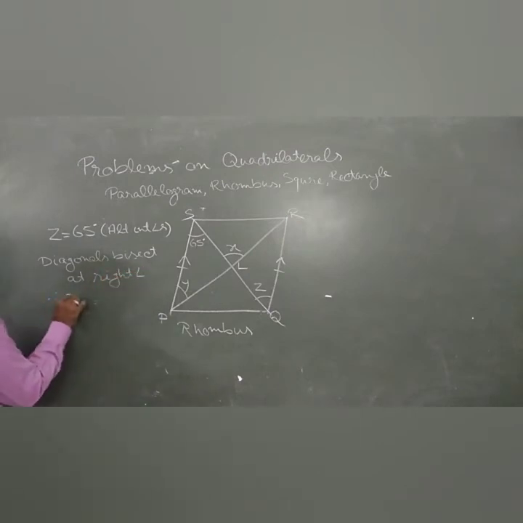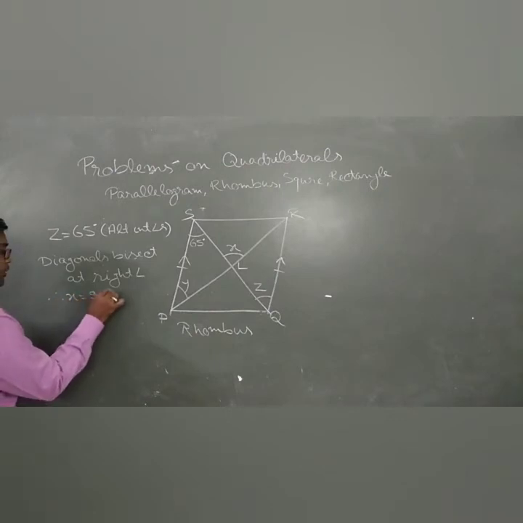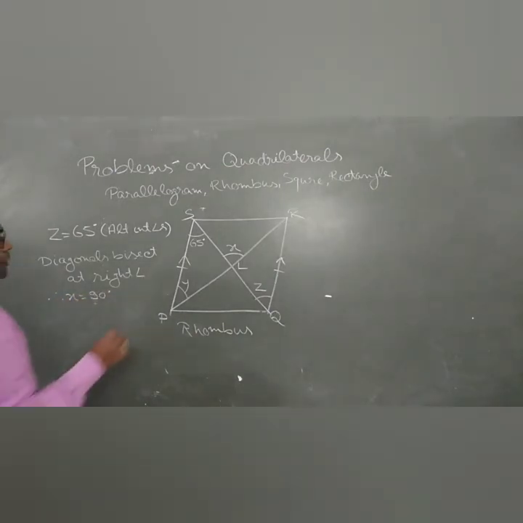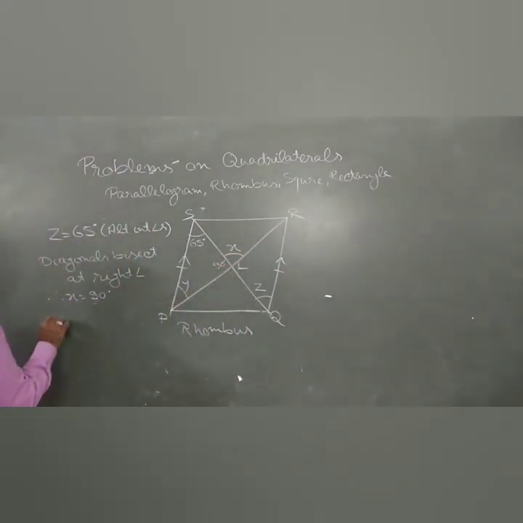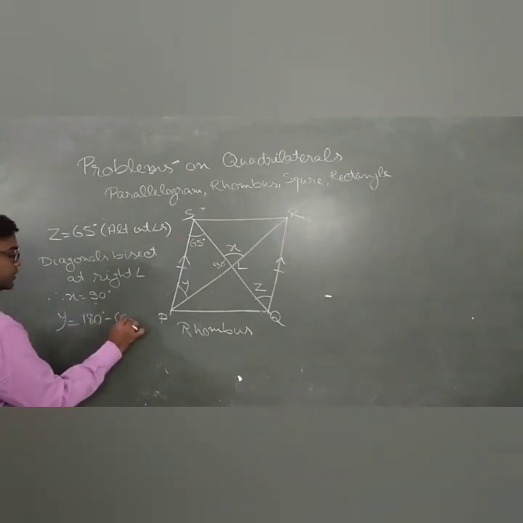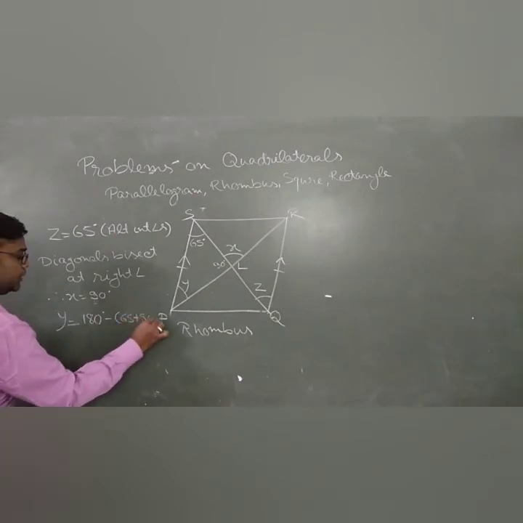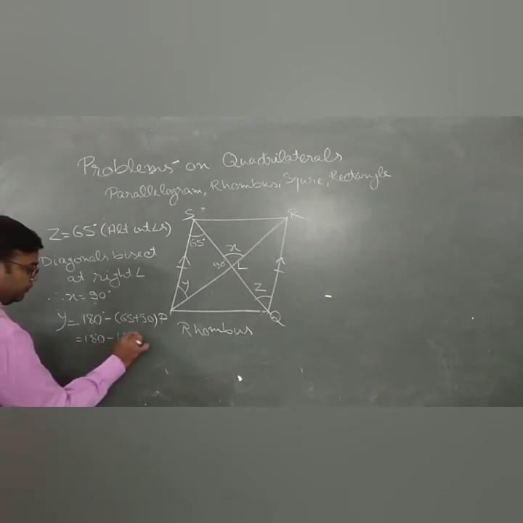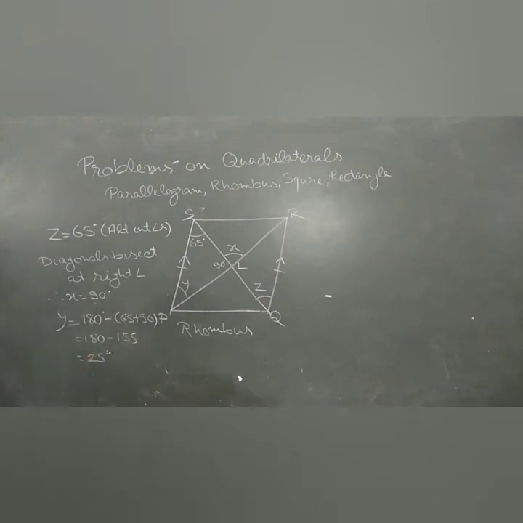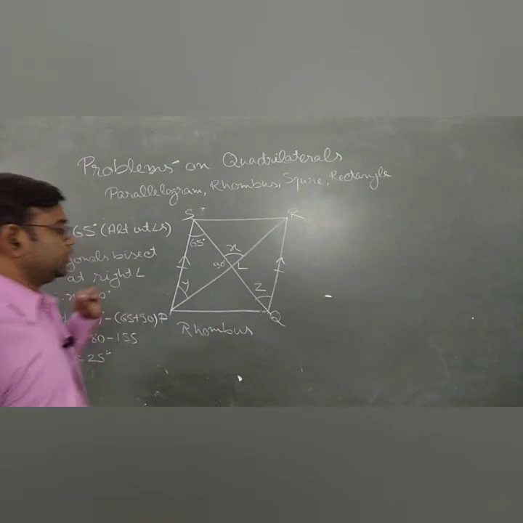Therefore we can write x equals 90 degrees. If this one is 90, this one is also 90. We can easily find the value of y. Therefore y equals 180 degrees minus (65 plus 90), which is 180 minus 155, about 25 degrees. Clear? So these three are the angles.